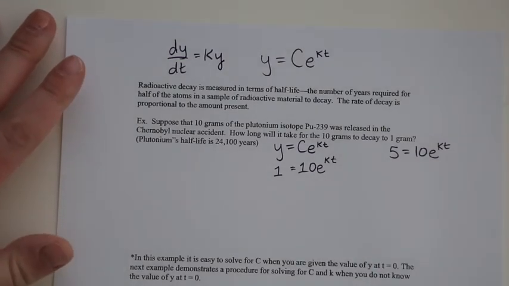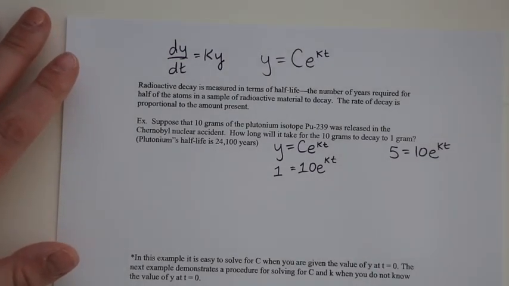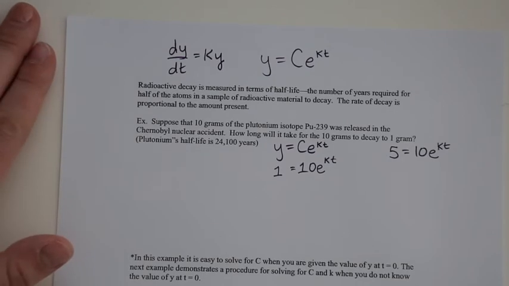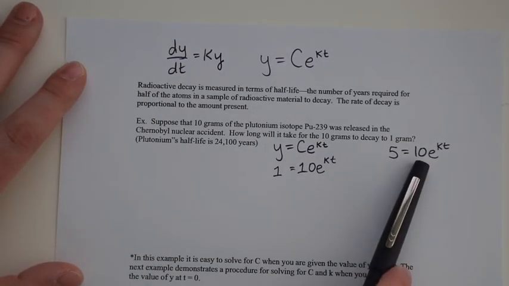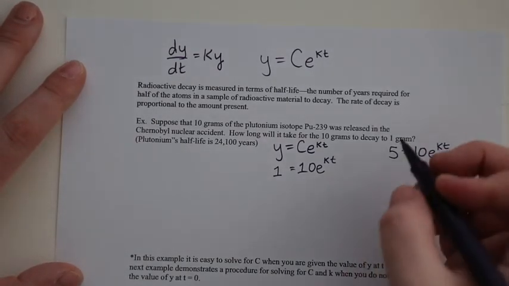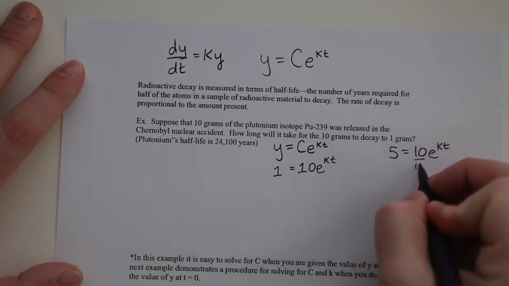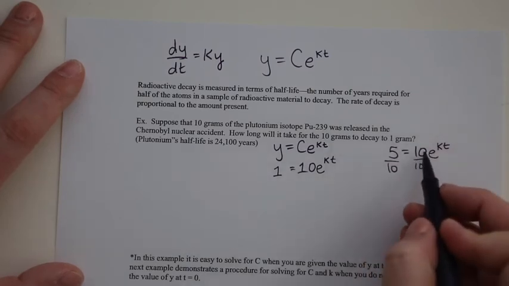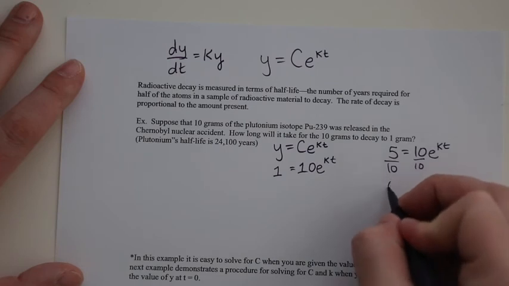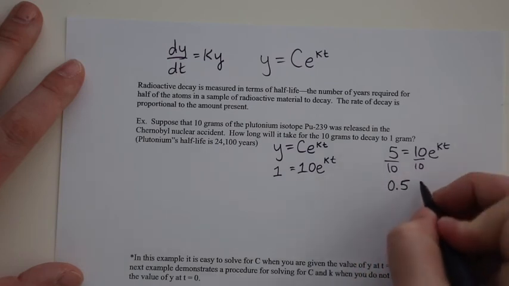I have a t value for this one. My half-life is 24,100 years. It took that long for this to become this, so I have a t that I can plug in. I'm going to divide by 10 here as well. Whatever two numbers you pick, since it's halving, you should end up with 0.5, because that's half.